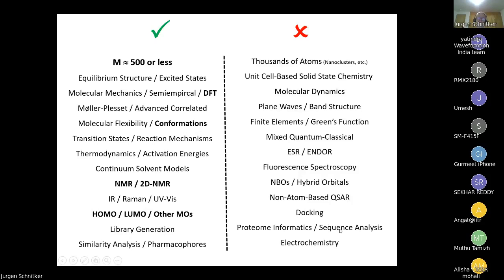Informatics, sequence analysis-based things that you get with FASTA or BLAST or something like that, we don't do that. Also electrochemistry: you can calculate some quantities which are relevant for electrochemistry, but literally you don't do simulated electrochemical cells or something like that. So here on the right side, here is full disclosure right away. If the one thing you are working on is here on the right side of the screen, you'll be disappointed at the end of the hour.